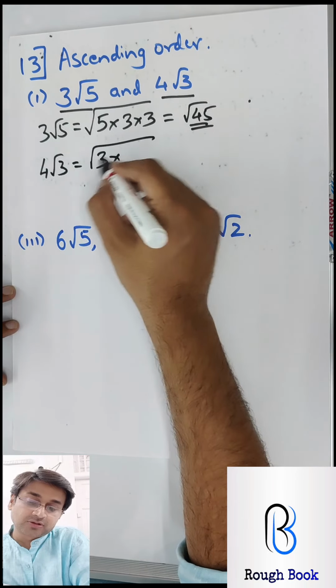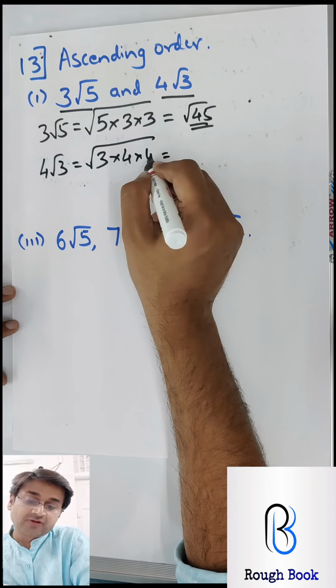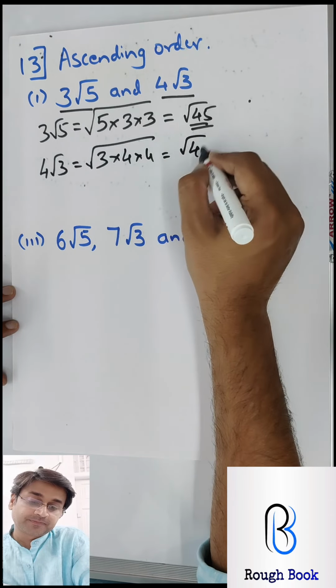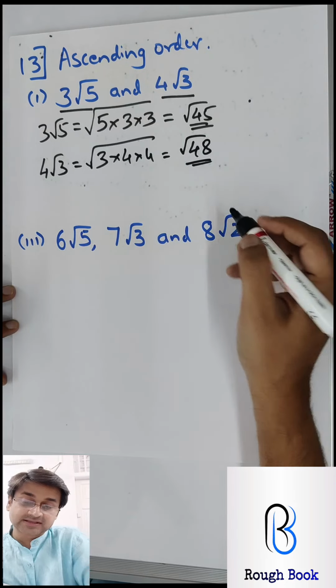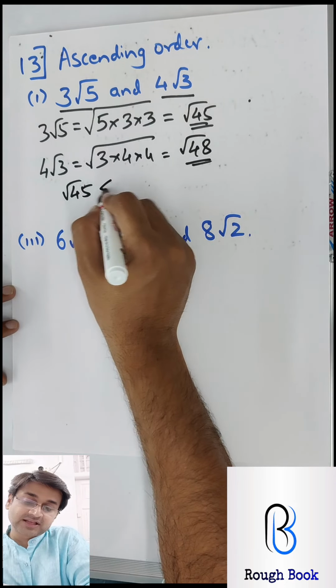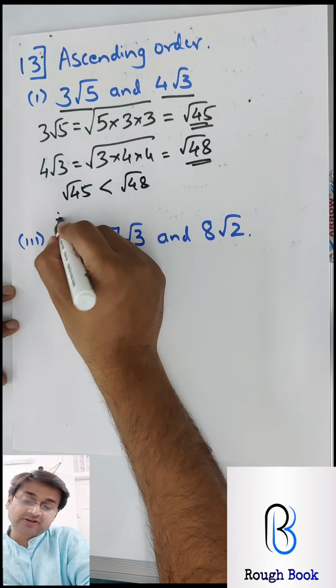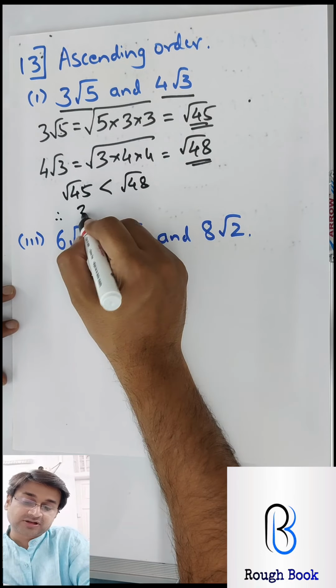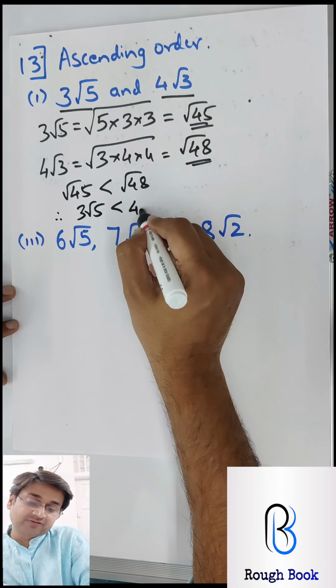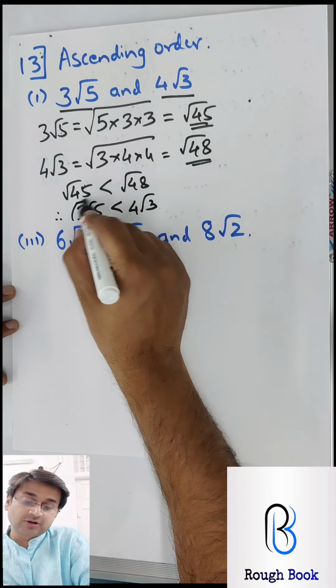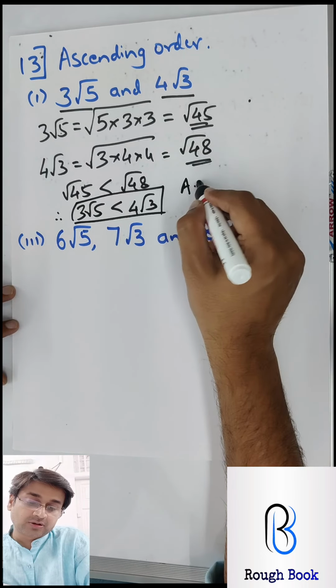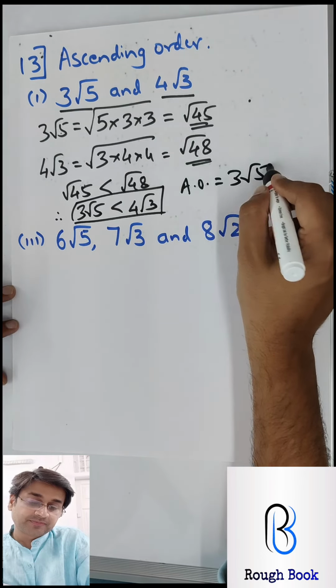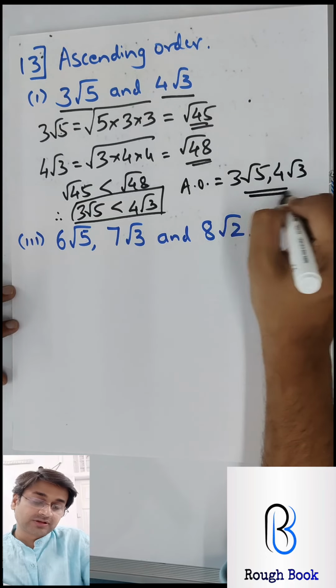So 4 going inside the root, it will be written twice. 4 fours are 16, 16 threes are 48. Now can we compare? Yes. So root 45 is less than root 48. Therefore, root 45, which is nothing else but 3 root 5, is less than 4 root 3. Ascending order is what they want, so you say ascending order: 3 root 5 and then 4 root 3.